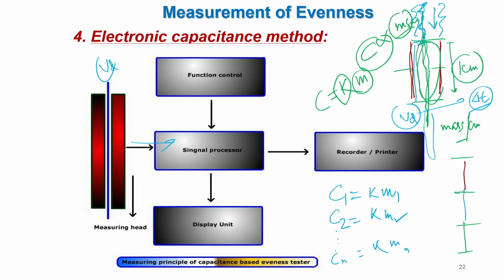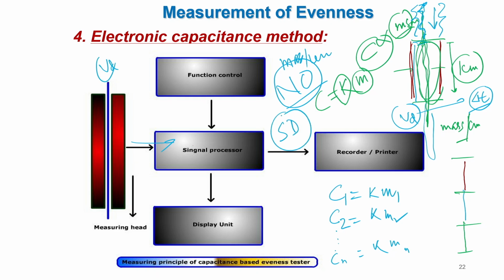Now, here can we calculate the mean mass per length, mass per centimeter? Answer is no. We cannot measure the mass per unit length. Even we cannot measure the standard deviation.